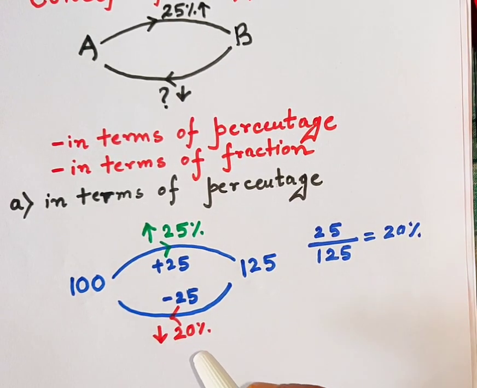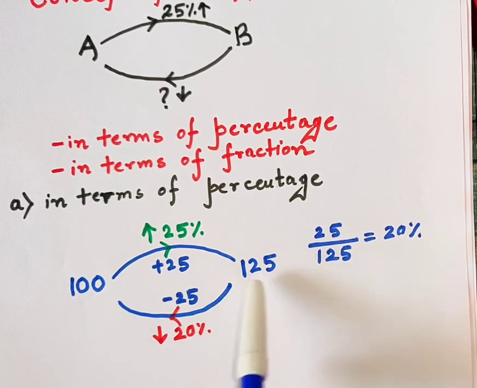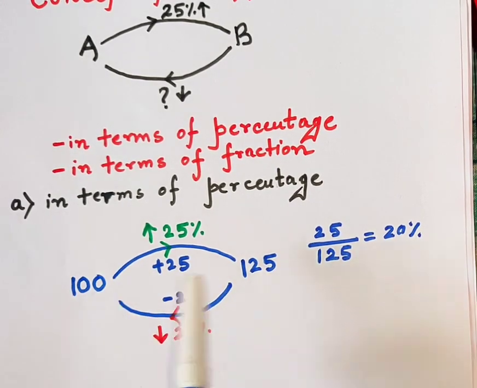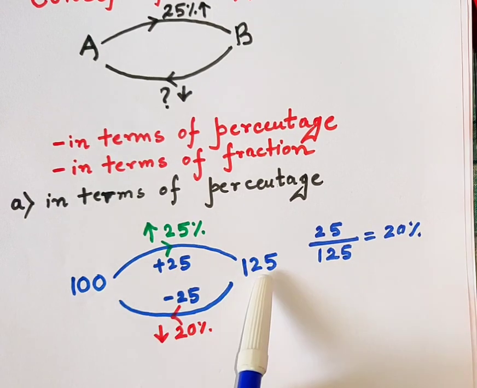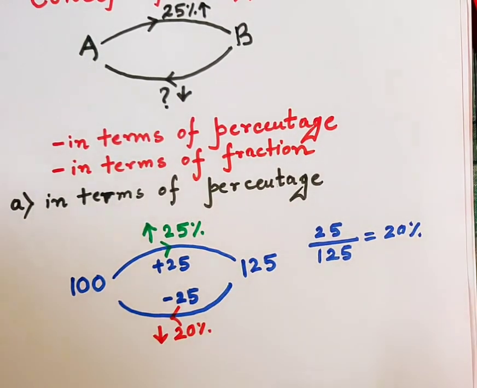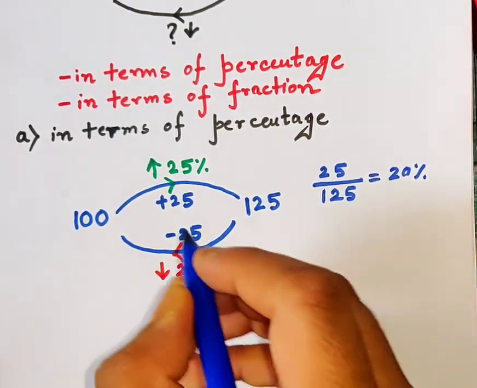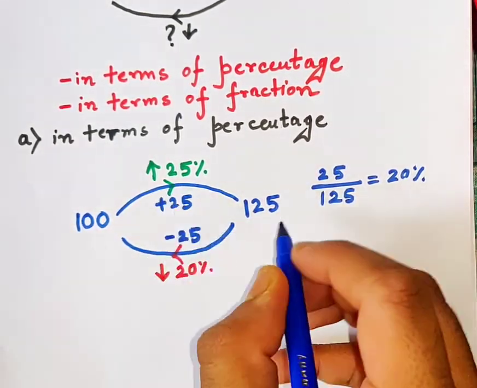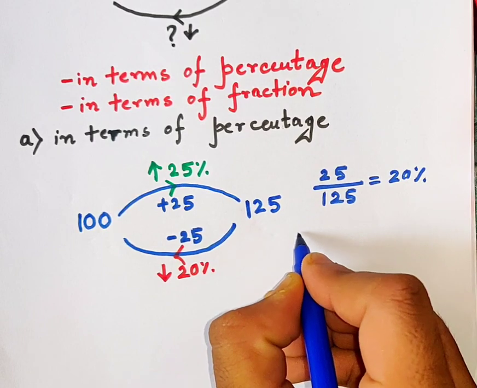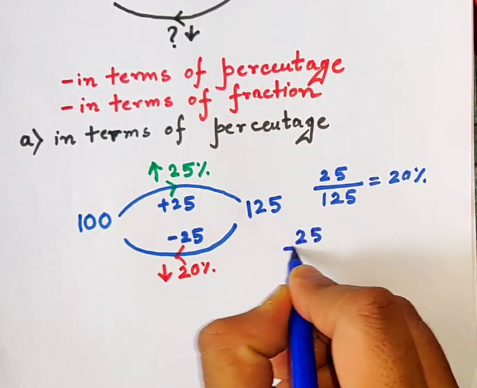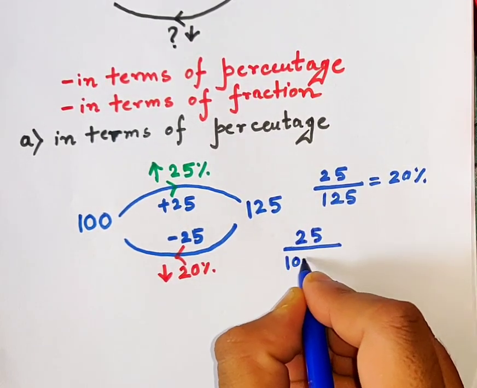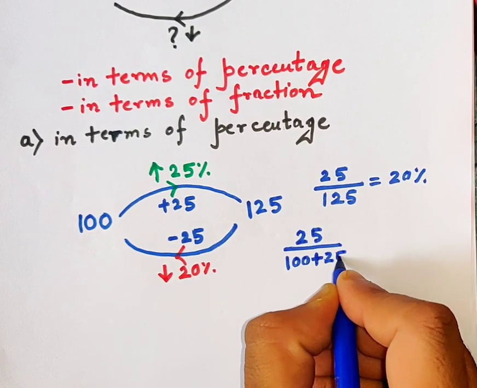So we will try to standardize. If these values are not given, suppose 100 and 125 are not given, only A and B are given, then how will the change be? You just had to think that if you increase 100 by 25, you did 100 plus 25.